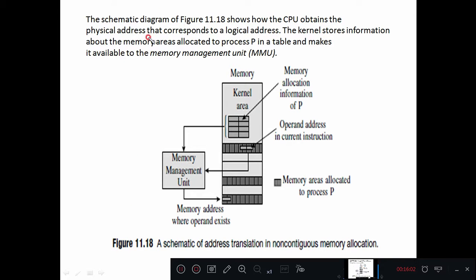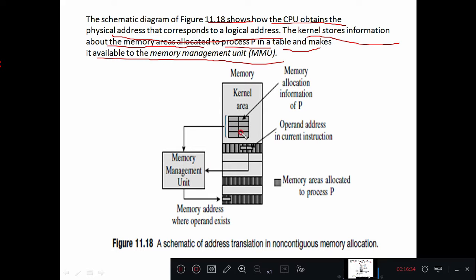This schematic diagram of 11.18 shows how the CPU obtains the physical address that corresponds to the logical address. The kernel stores the information about memory areas allocated to a process in a table and makes it available to the memory management unit. The memory management unit, as we already discussed in the first class of this module, will manage the memories allocated to the processes, and it also helps you convert logical address into physical address, right?